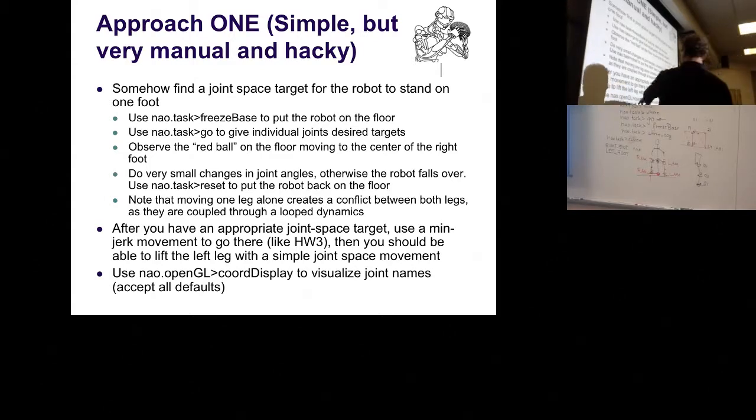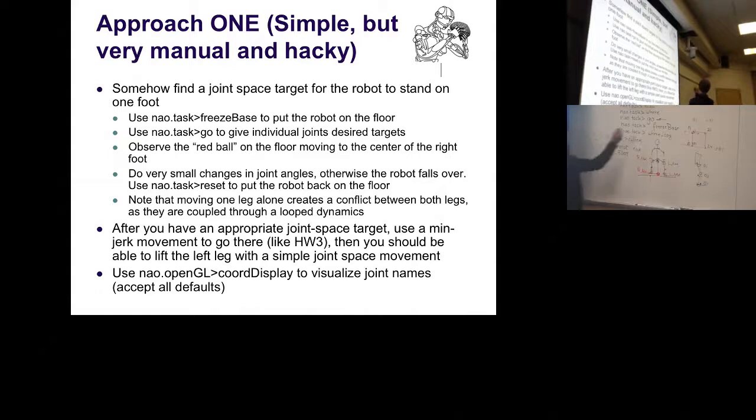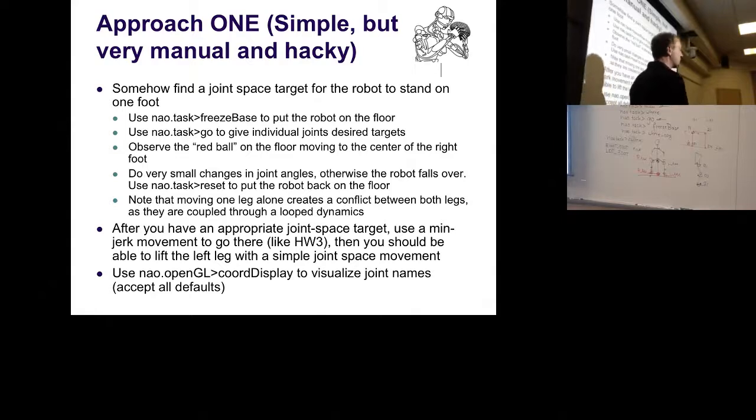If you want, in the OpenGL process there's a command called coordinate display. In general, the man command works on all of these. If you do coordinate display, it will show you all coordinate systems of the robot, degrees of freedom, and all the names. There are so many and it's so compacted that it's actually relatively hard to see.